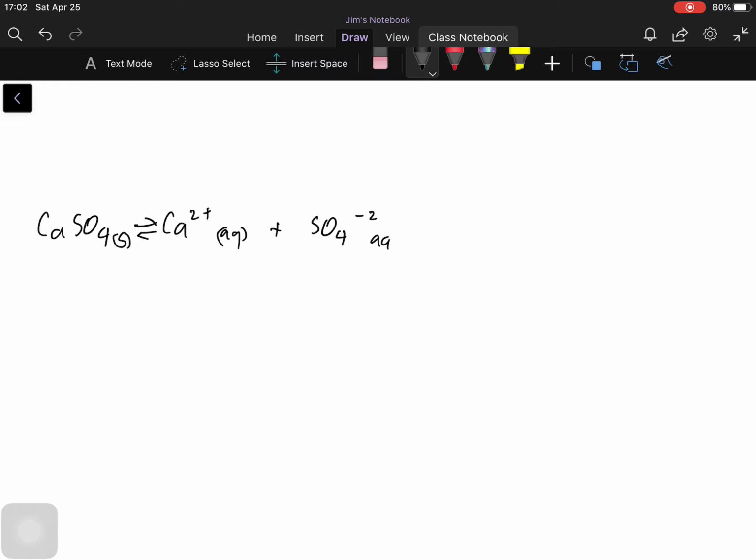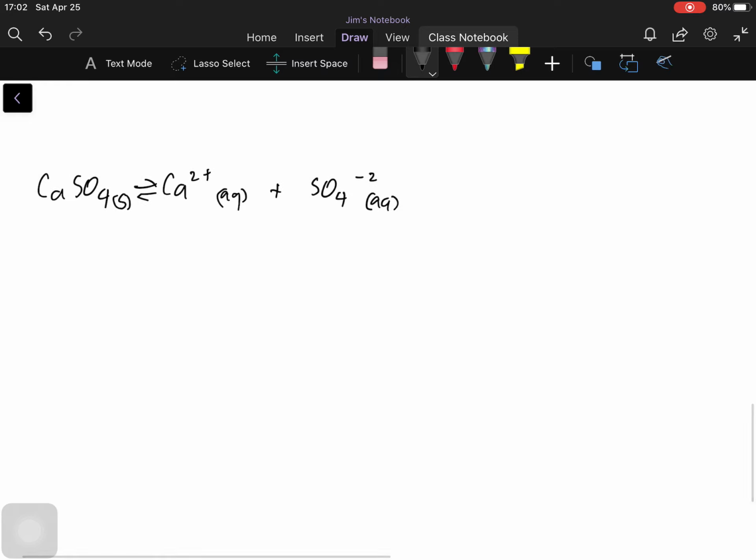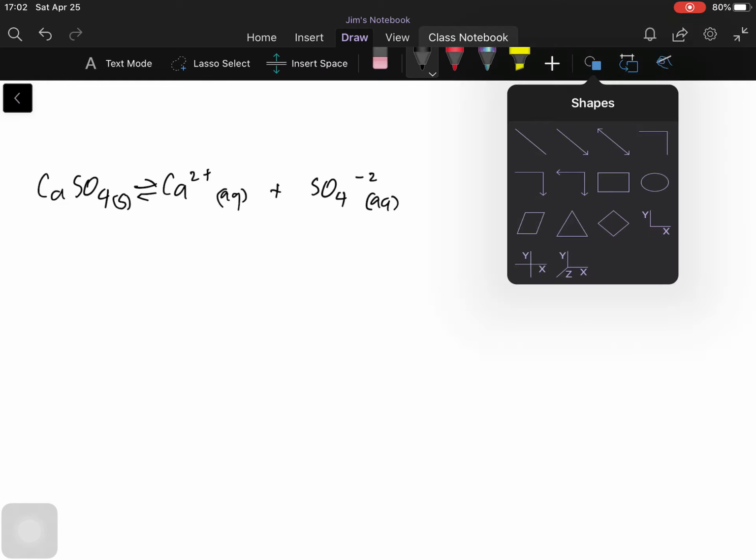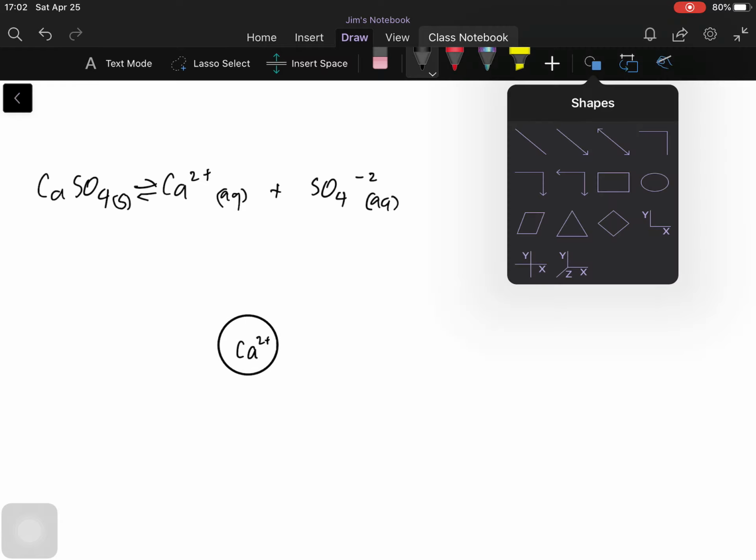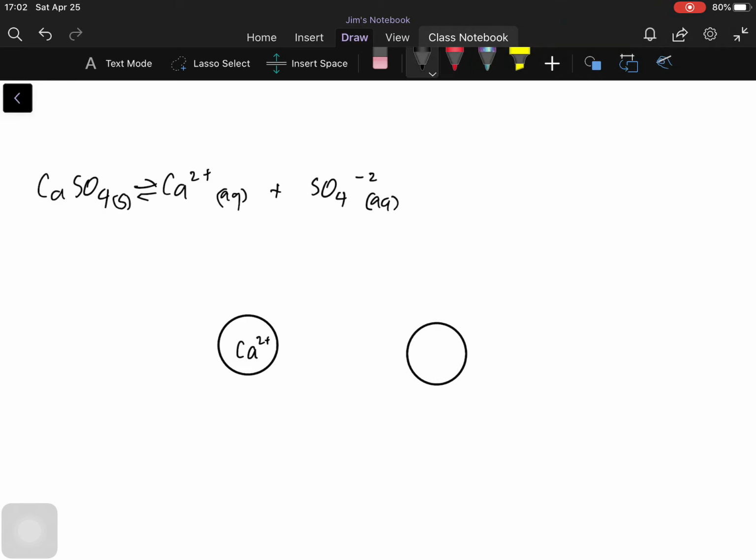Let's visualize it as circles. For example, this is calcium 2 plus. This is sulfate ions.